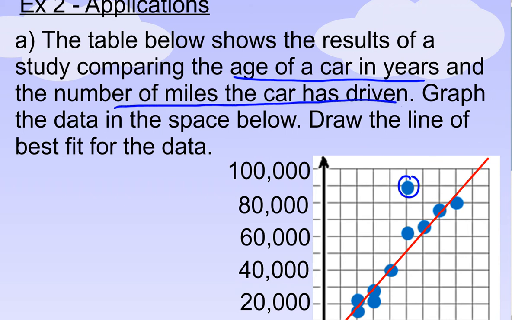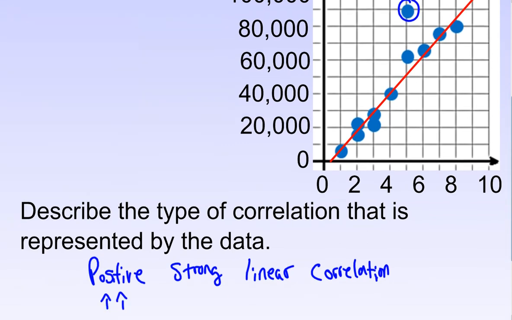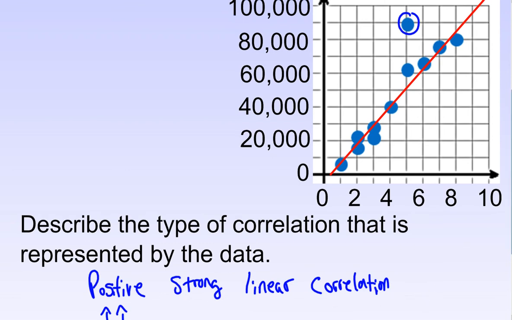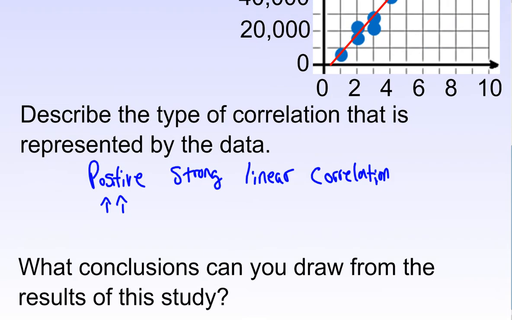So is there a relationship between these two variables based on the data we plotted? Yes, there definitely is a relationship, because of all of these adjectives we can describe it with. And what is the relationship? As the age of the car gets older, the number of miles the car is driven increases.